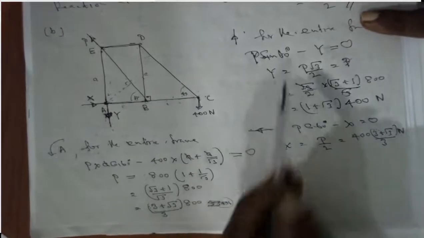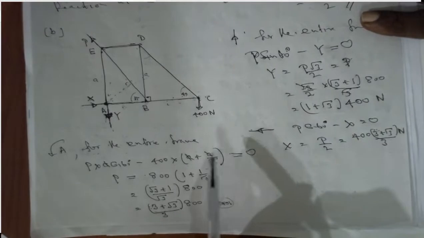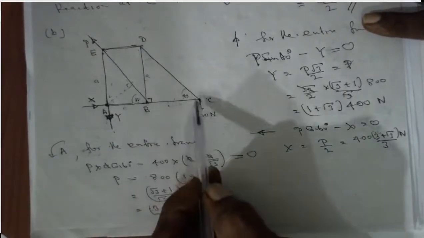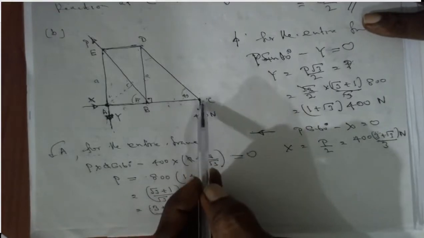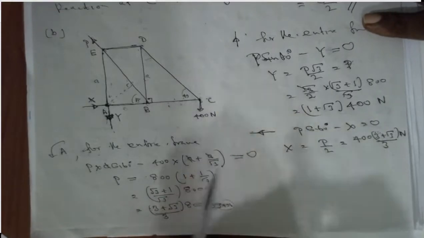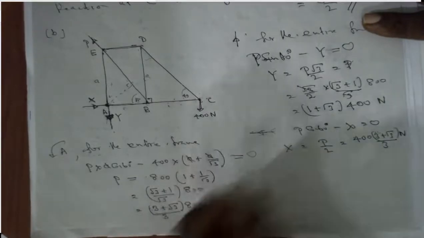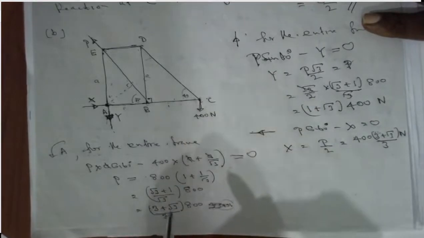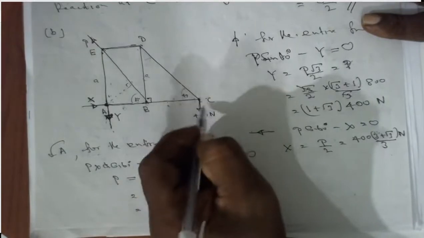But P, X and Y are somewhat bulky values. We have to find a stress diagram only for joint C. Therefore, no matter these values are bulky, they are not involved when you draw the stress diagram, right? So now you just draw the stress diagram for only C.